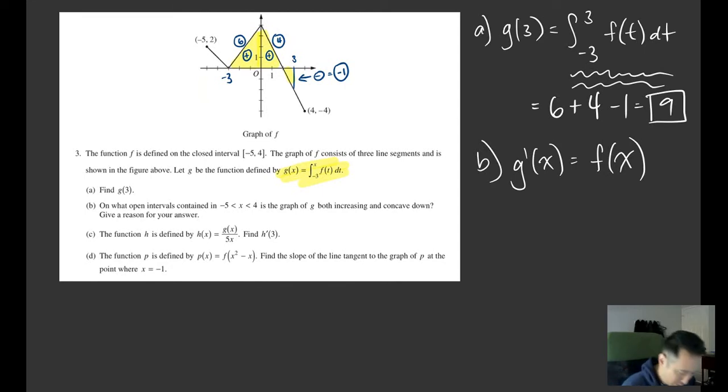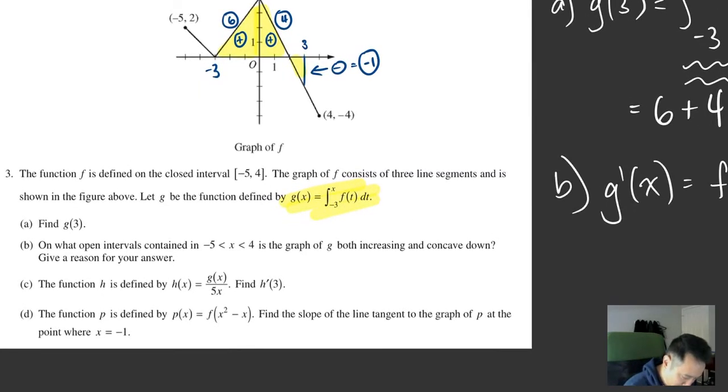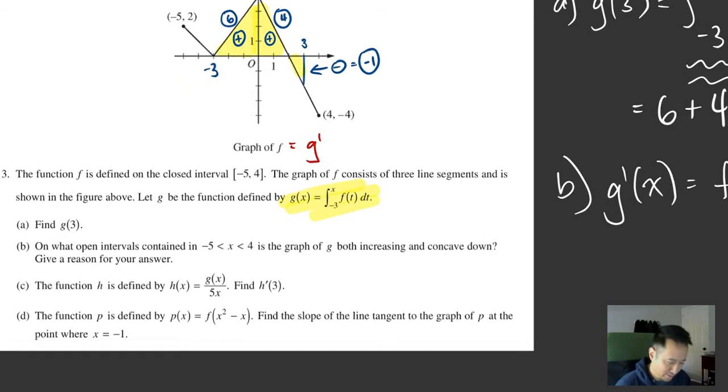So you can put a little note here on the graph: this is the same thing as g prime, right? This whole graph is my slope of g, which is kind of nice, right? So if I'm looking for where on g it is both increasing and concave down, first of all, increasing means where is this graph above the x-axis, right?